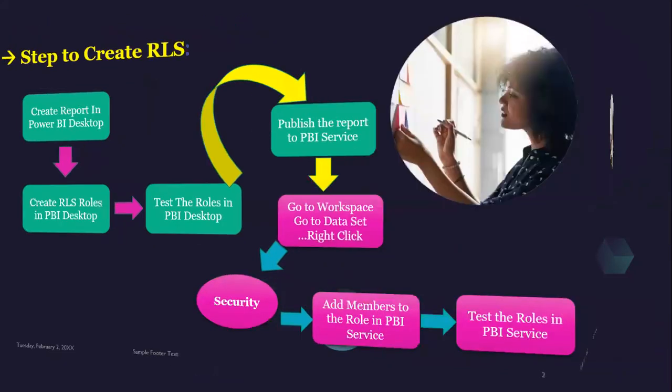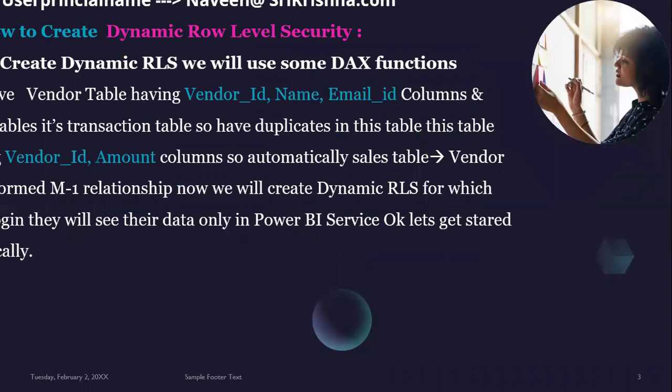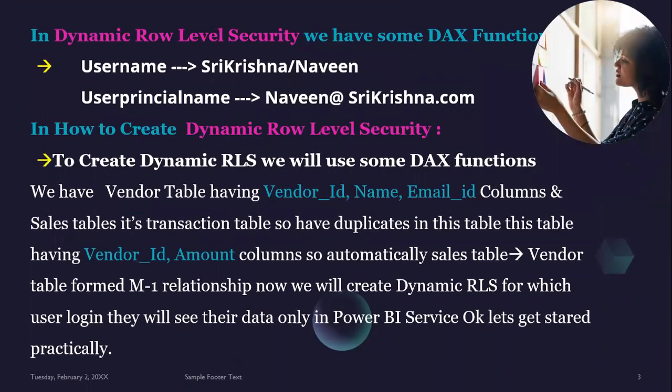Now, in dynamic row level security, we use the user principal name, for example the user's email at the company domain. We create one vendor table and one sales table. The vendor table has vendor ID, name, and email ID columns. The sales table is a transaction table with duplicate vendor IDs, having the vendor ID and amount columns.